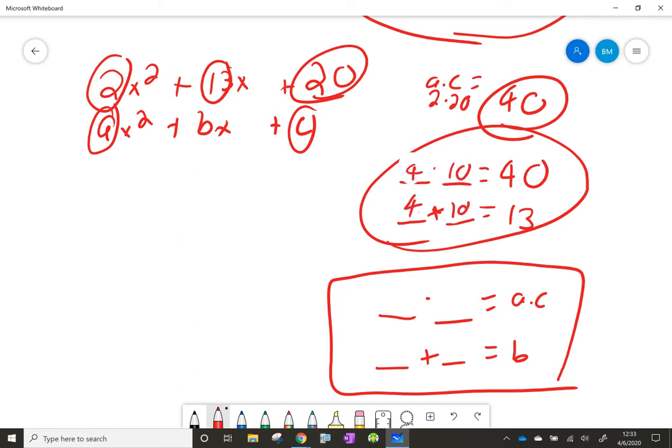However, 4 plus 10 makes 14, not 13. So that's a problem. What other numbers multiply to make 40? Well, 8 times 5 multiplies to make 40, and 8 plus 5 adds to make 13. So 8 and 5 would be the numbers that we would use here, okay?